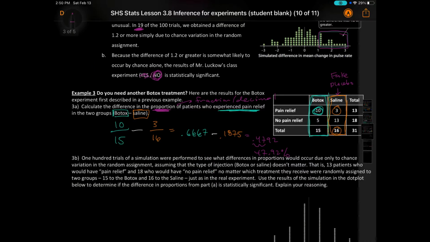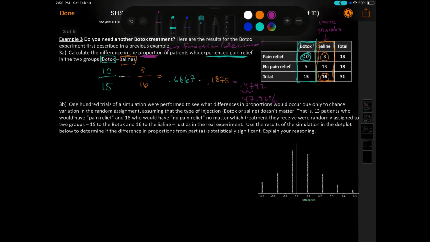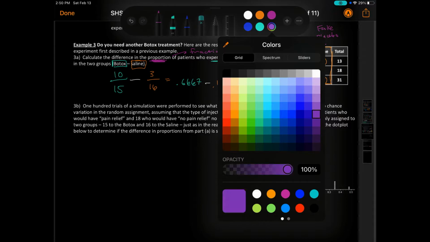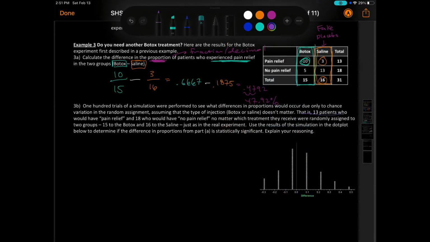Let's do this next question. 100 trials of simulation were performed to see what differences in proportions would occur due only to chance variation in the random assignment, assuming that the type of injection, Botox or saline, doesn't matter. That is, 13 patients who would have had pain relief, so let me just help you track. The 13 that they're talking about is up here.